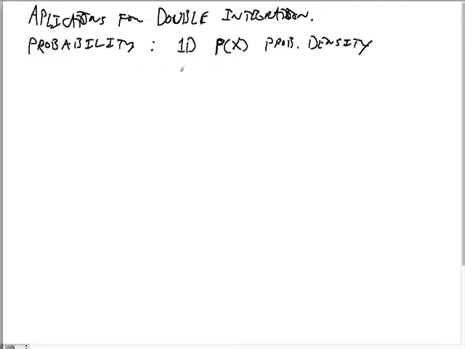And we want to find the probability, that'll be capital P, of x being in some region, between some value a and some value b, which is given by the integral from a to b of p of x dx.